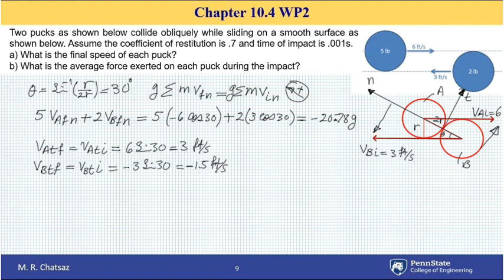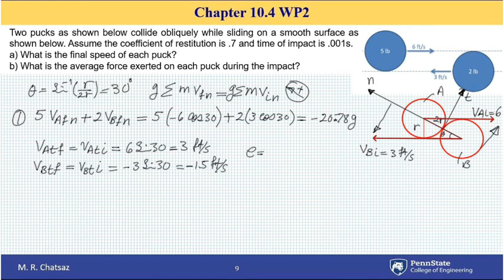So at this point, I have this equation. I label it as equation 1. It has 2 unknowns in the normal direction, therefore I need another equation with the same 2 unknowns in that direction. This is where I can use the definition of the coefficient of restitution.